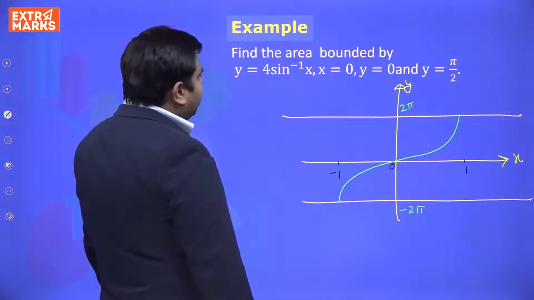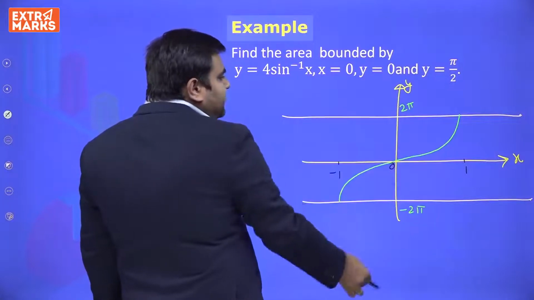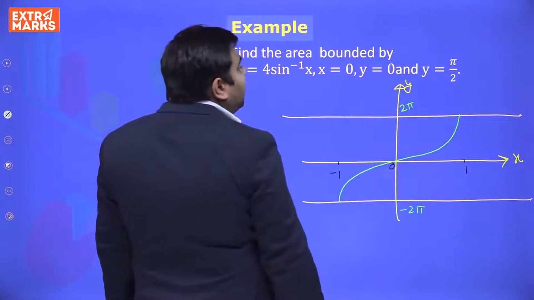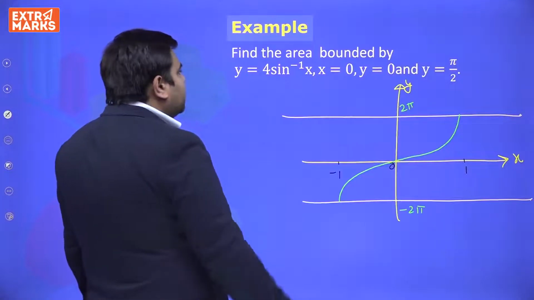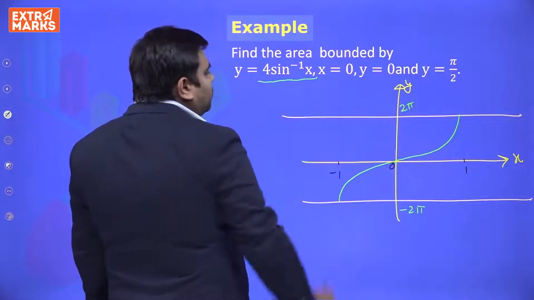Now we need to calculate the area bounded by y equal to 4 sine inverse x. X equal to 0 means the y-axis. Between y equal to 0 and y equal to pi by 2. But since this is 4 sine inverse x, this is not pi by 2, rather this would be 2 pi.